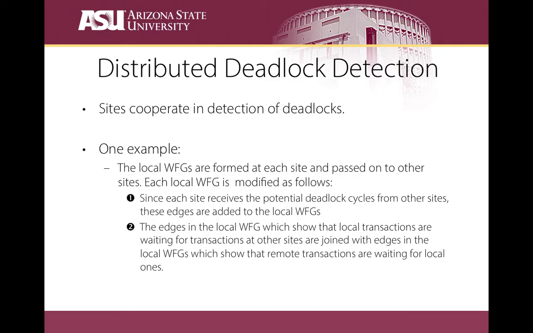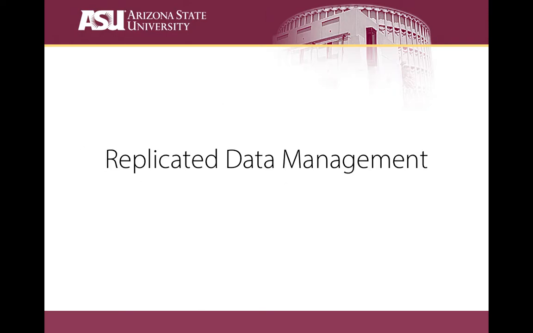But no one site at any time has a global view of the whole wait-for graph of the whole system. And this is how it's done in history. Easy, right? So this is basically how you do deadlock detection using wait-for graphs in distributed database systems. Any questions?